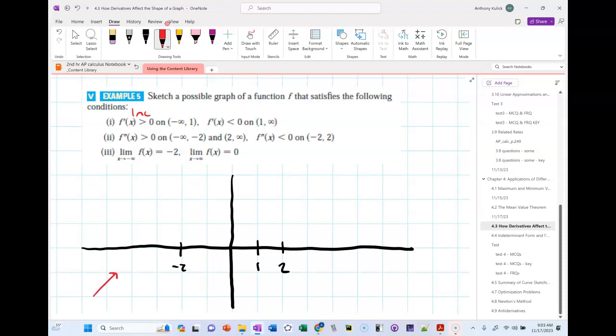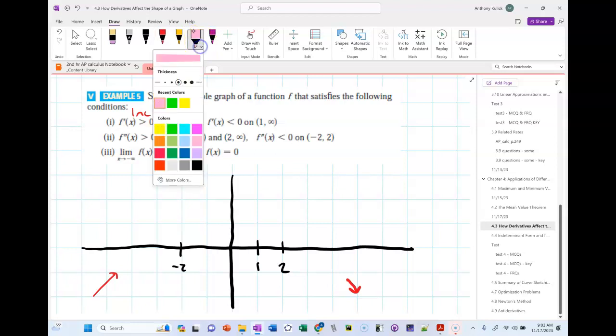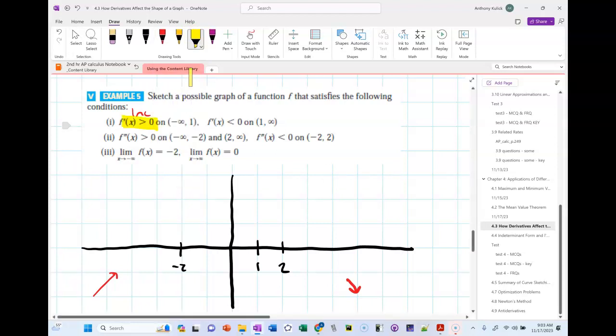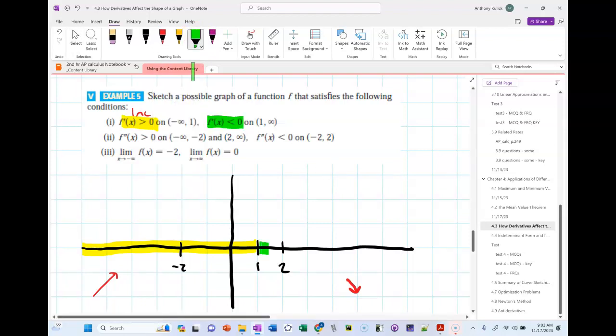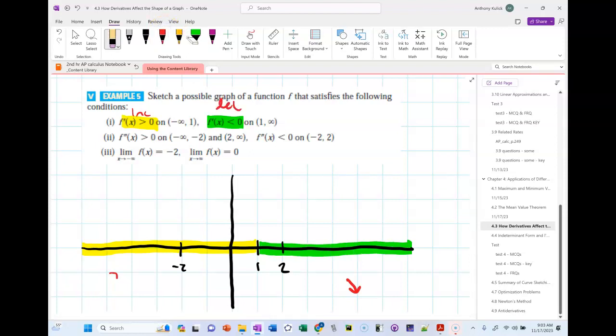So we're going that way. And then after -1, we're decreasing. So we're going that way, right? Let's do some highlighting. So we are increasing there, and then we're decreasing there. That'll be easier.